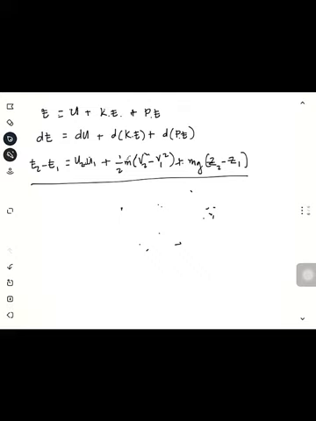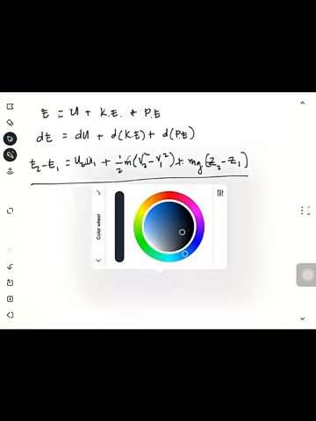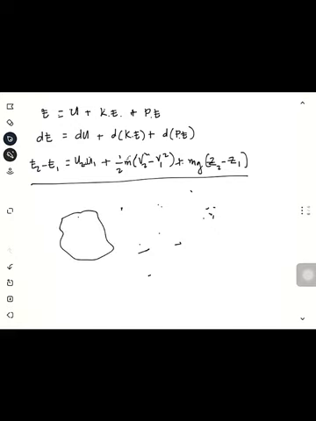Okay, so considering a system, we have E2 minus E1, and we have the negative work and the negative Q. We have the work generated by the system, and we have this input heat, which is positive.